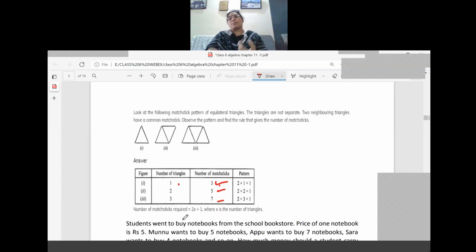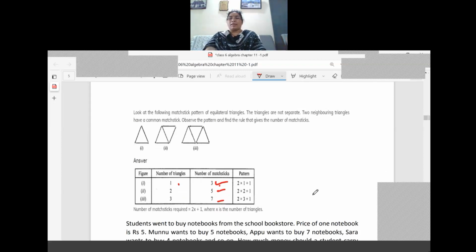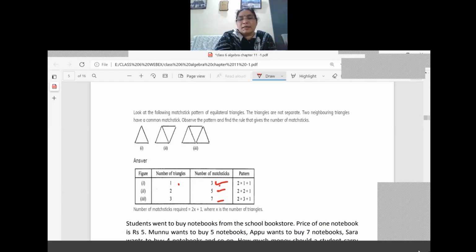So what is the number of matchsticks required here? The formula became 2 into 1 plus 1, that is equal to 3. 2 into 2 plus 1, that is equal to 5. 2 into 3 plus 1, that is equal to 7. Like that one pattern is forming, and here we have written that pattern, that is 2x plus 1.